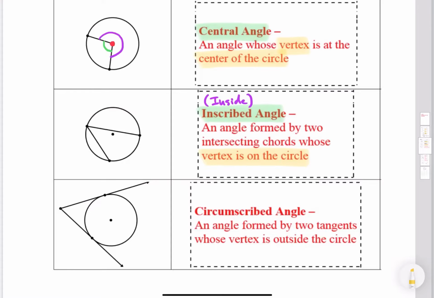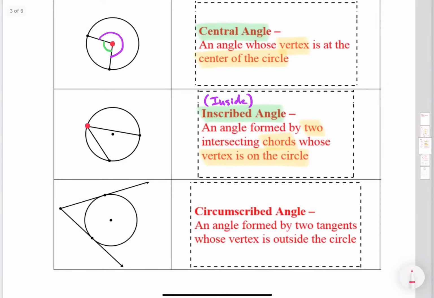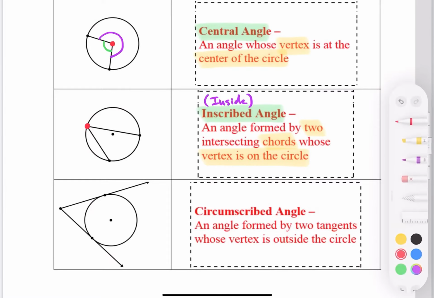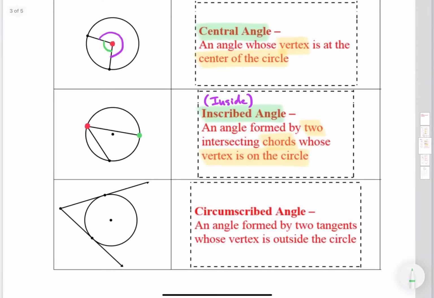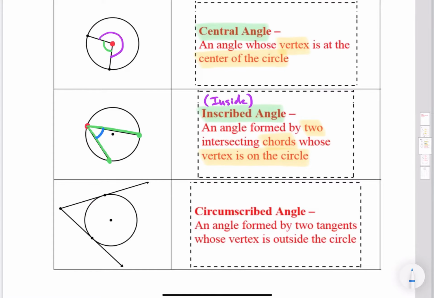So it's being formed by 2 chords whose vertex is on that circle. So if we take a look at this one here, we have a vertex on the circle, and the angle is being formed by two chords. Now remember, chords are basically segments whose endpoints are on the circle. So this is the angle being formed, and this would be an inscribed angle.